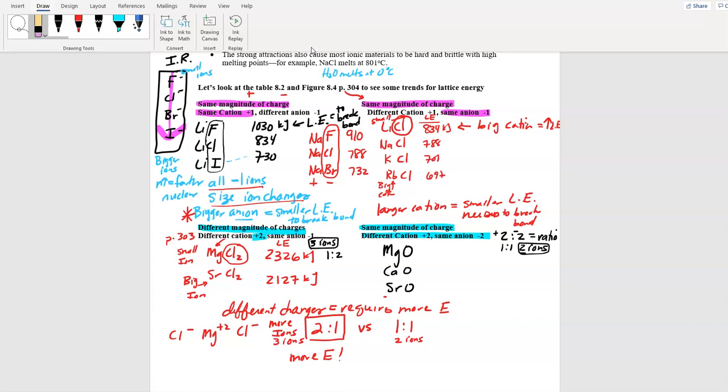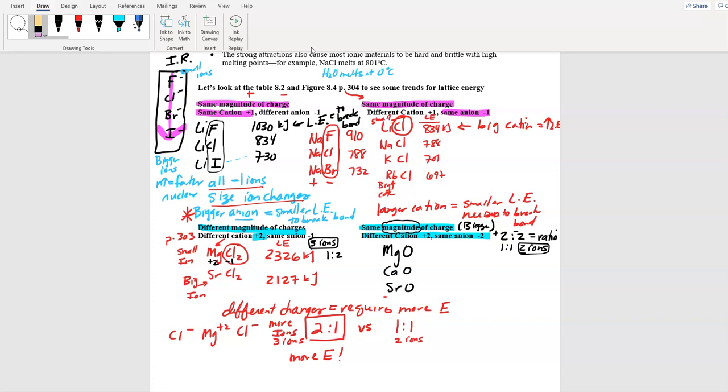But it's this thing called the magnitude, the size of those ions. It's a +2 and a -2 versus over here a +2 and -1. The magnitudes are not the same over there, but over here the magnitudes are the same, and they're bigger magnitudes. I hate that word, I should be using greater.